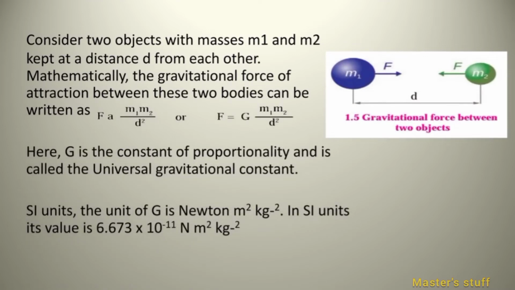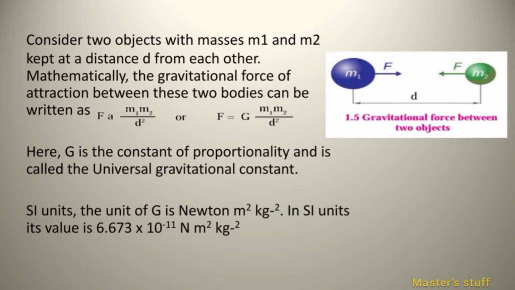Take a look at figure 1.5, which shows the gravitational force between two objects indicated by F, and the mass of the two objects are m1 and m2, which are separated by distance d. This distance is measured between the centers of these two objects.